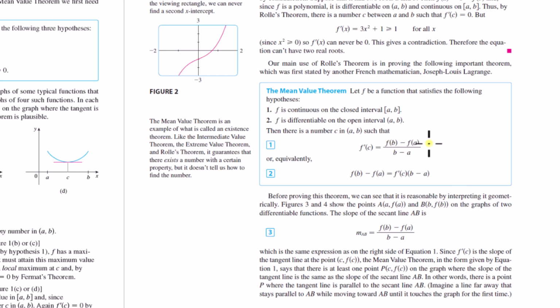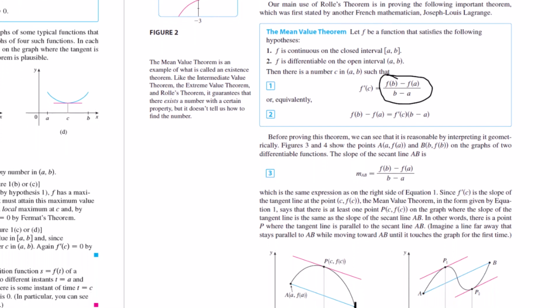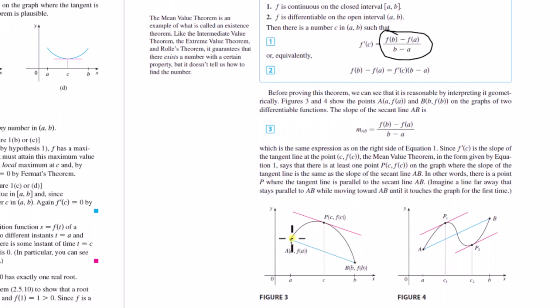And what this meant was that this here was the secant line, or the slope of the line between the two endpoints. So if we come here, you see, that's the slope of this line. f evaluated at b minus f evaluated at a over b minus a, that's the slope of this line.